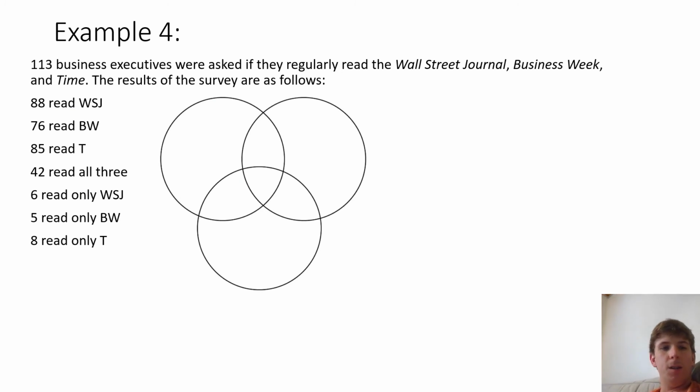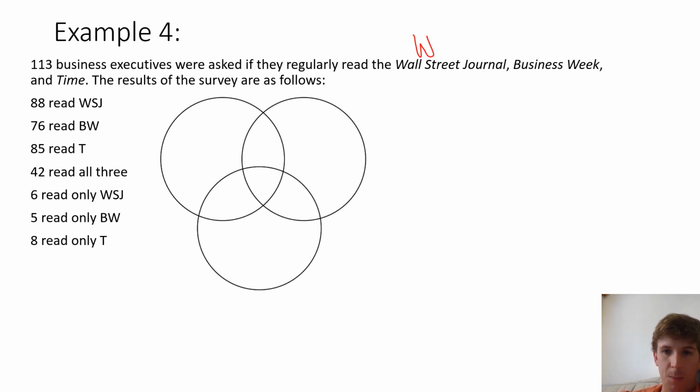All right, last example. This PowerPoint's getting a bit long, but I wanted to make sure we do a 3 Venn diagram example here. So we have 113 business executives. We're asked if they read the Wall Street Journal, Business Week, and Time. Let's start labeling our sets.